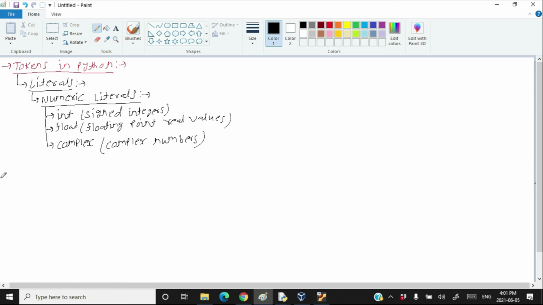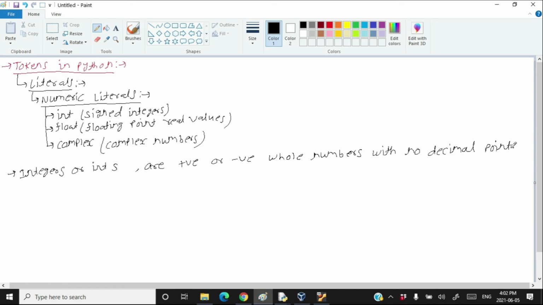So, integers or ints are positive or negative whole numbers with no decimal point. Floats represent real numbers.